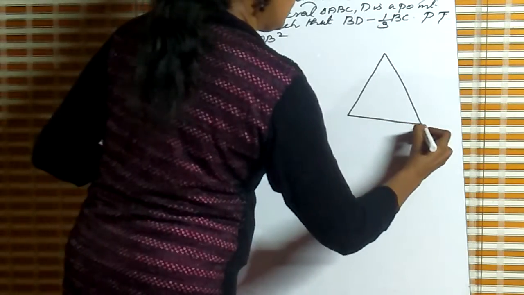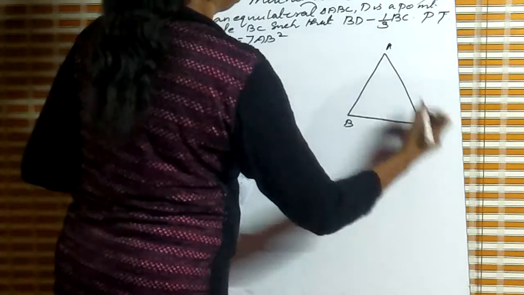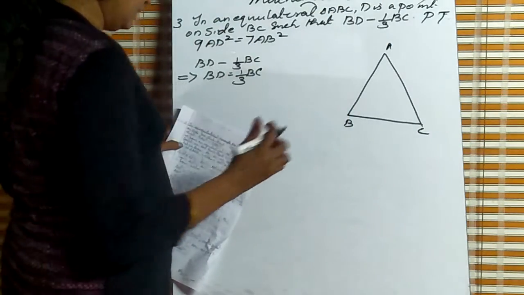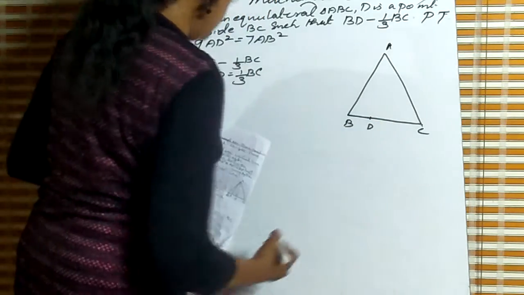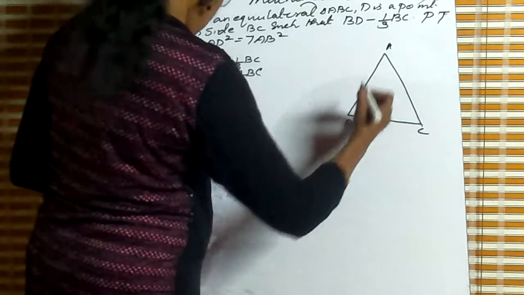ABC is an equilateral triangle A, B, C. And D is a point on side BC such that BD is equal to 1 by 3 BC.